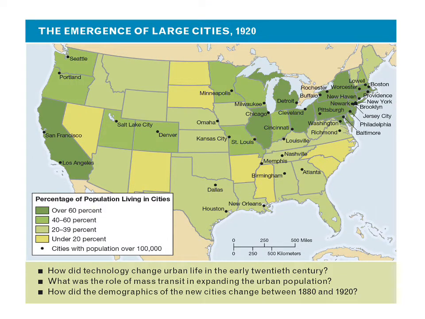Here we have a tremendous increase in the number of states in which over 60% of the population lives in cities. You can see Illinois with Chicago there. You can see the northern part of the eastern half of the United States. I won't go through all the states.